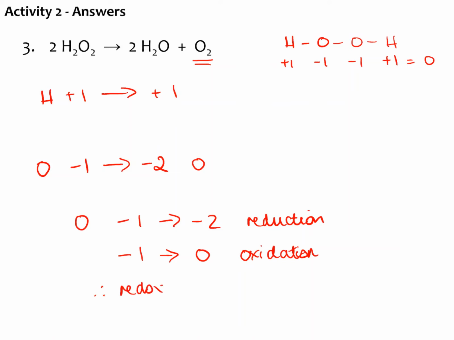So therefore it is redox, and because the reduction and oxidation are both happening to oxygen, it is also disproportionation. And this shows that hydrogen peroxide can act as both a reducing and an oxidising agent.